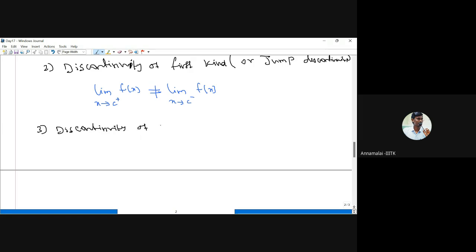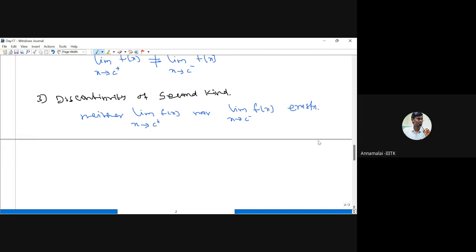So when we say a function has a discontinuity of the second kind at the point, neither the limit as x goes to c+ of f(x) nor the limit as x goes to c- of f(x) exists. If none of the limits exist, then we say the function has a discontinuity of the second kind.